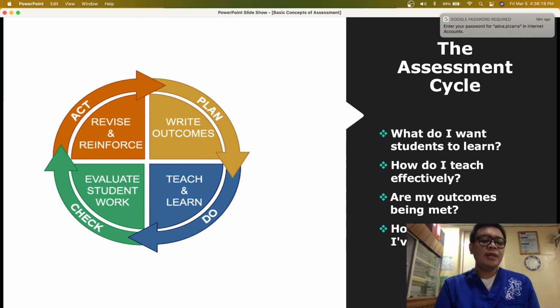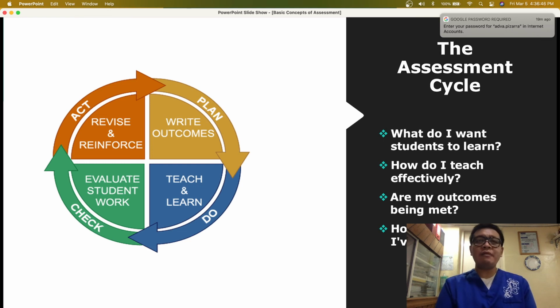Once it's done, you have to check and evaluate students' work, capability, knowledge, attitude, and even skills, if they are being enhanced. Next is to act, which means it's not just about reinforcement, but also making sure that if there are things that should be revised, especially in making the curricula, they are revised.